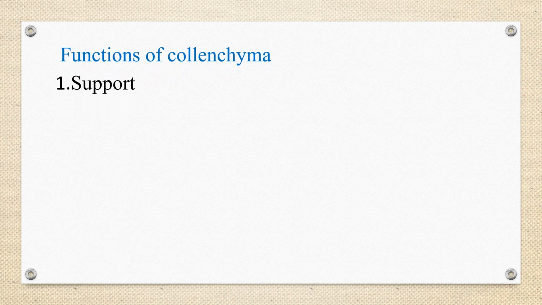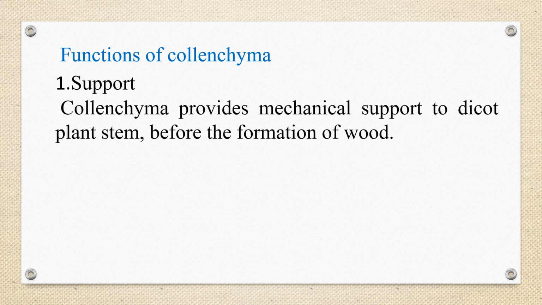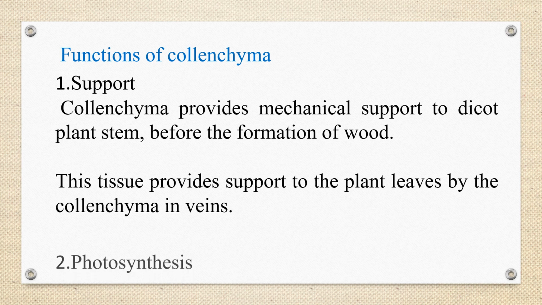Giving a support is the main function of the collenchyma tissue. Collenchyma provides mechanical support to dicot plant stem before the formation of wood, and also this tissue provides support to the plant leaves by the collenchyma in veins. Next function of it is doing photosynthesis.